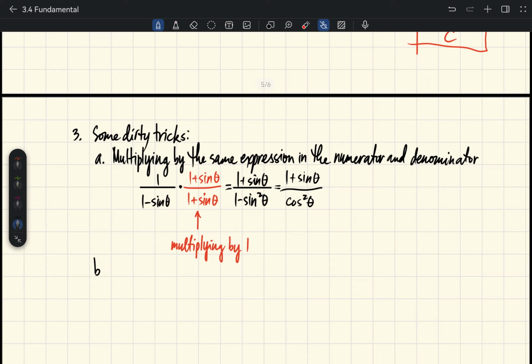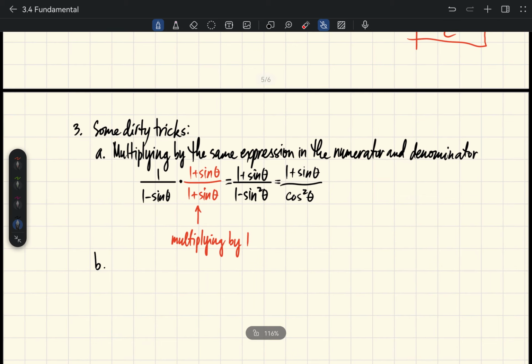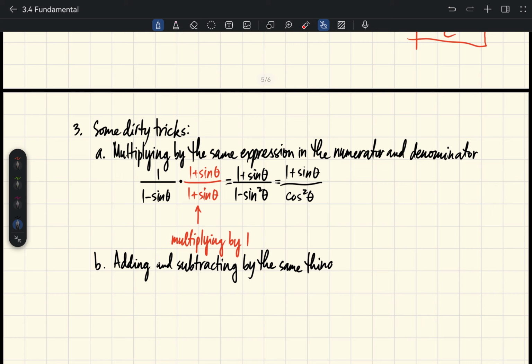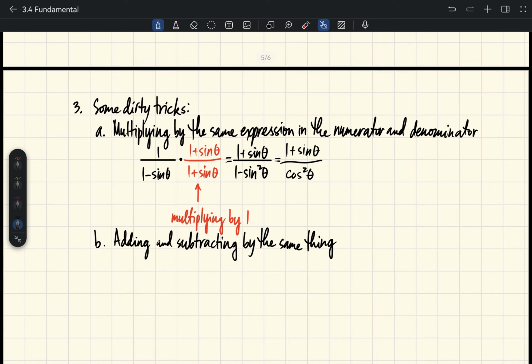Another trick that I can give is adding and subtracting the same thing. So as an example, we can go back to something that's similar to this one.